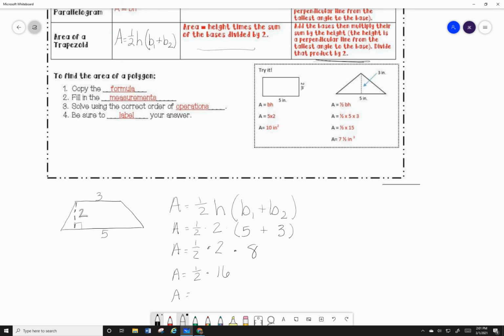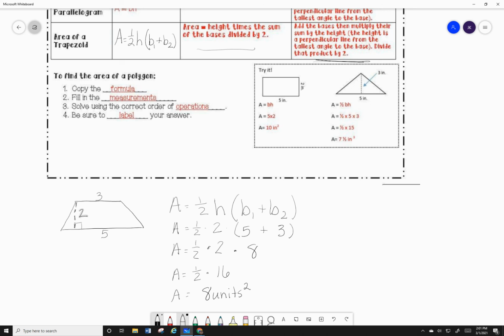Or what is half of 16, which is 16 divided by 2, which is 8. So my final answer on this is 8. And if you look in my picture, I didn't give you a specific unit. So for our label, we just use the word units. And because it's area, it's units squared. So my final answer for this trapezoid is 8 units squared.